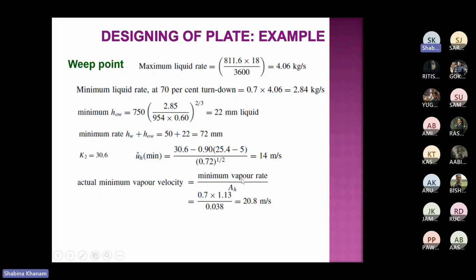So if you see here, the vapor rate, that volumetric flow, we have calculated as 1.13 for bottom. 70% of that you will consider to find the minimum rate, and that divided by the hole area 0.038 that we have already seen in previous slides. So 20.8 meter per second is your minimum actual vapor velocity, which is more than 14 meter per second. So this weeping condition is satisfied. Okay, so weeping will not occur.